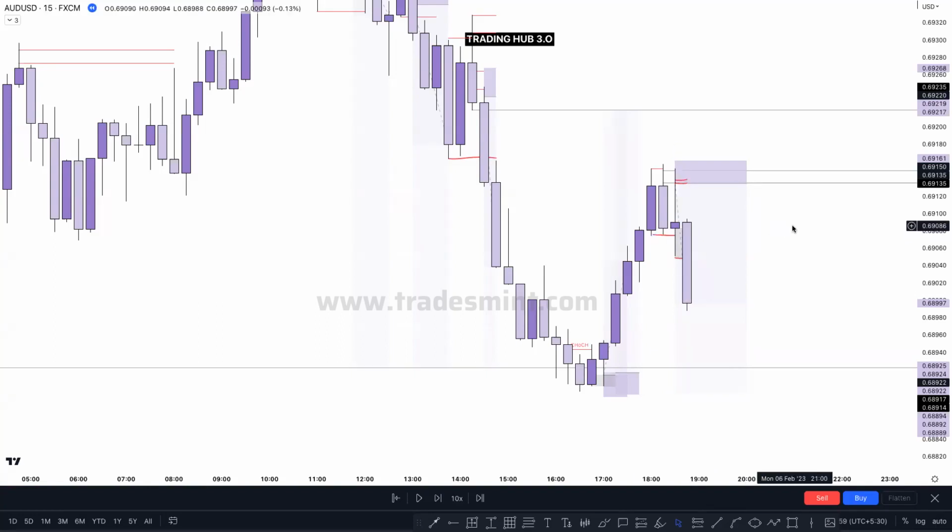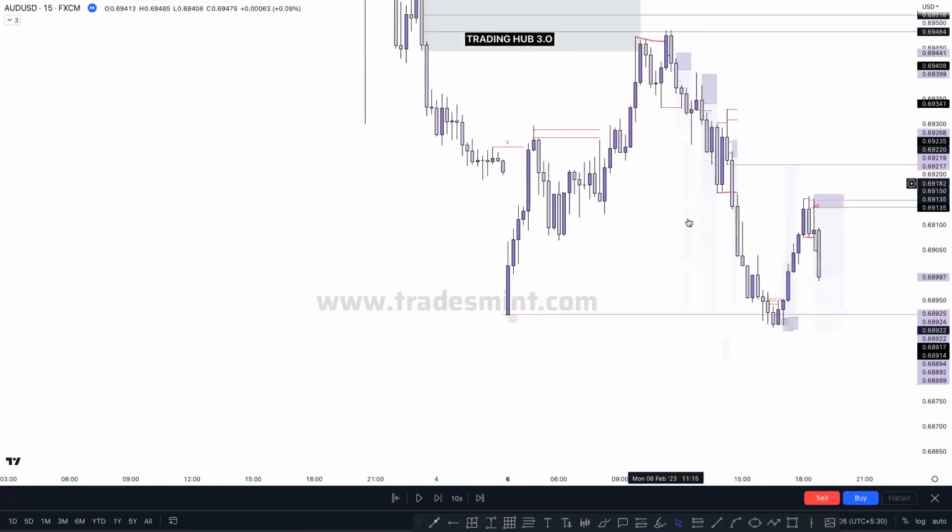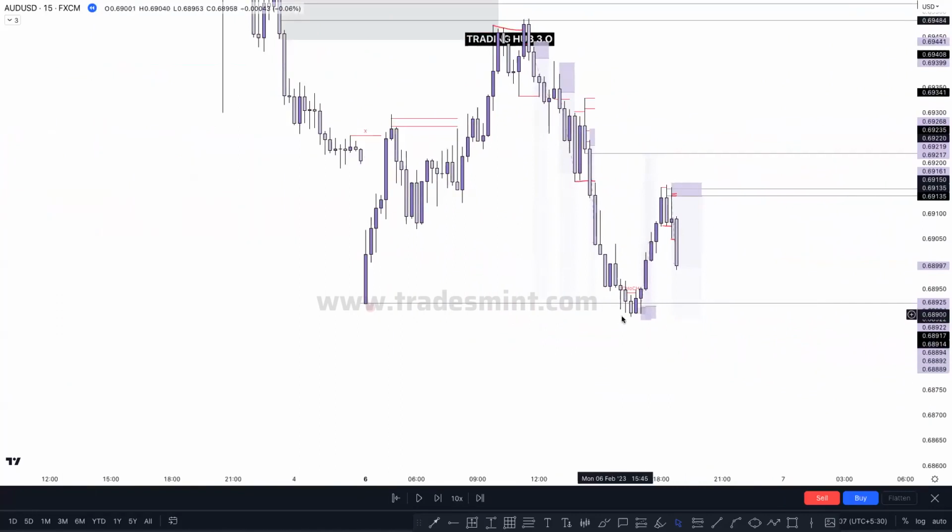Buy is lower probability compared to the sell, because sell is our major pro trend. The buy is already grabbed here because the major low was taken out, so it is a little bit risky compared to this one.